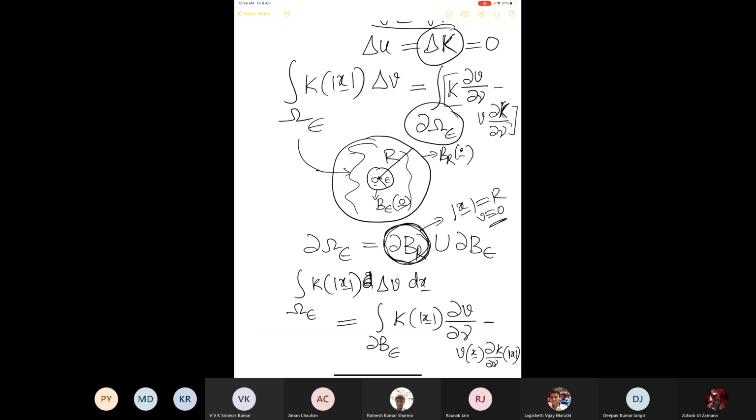So V is 0, del V is 0, so this boundary will not come. Only this part will come.